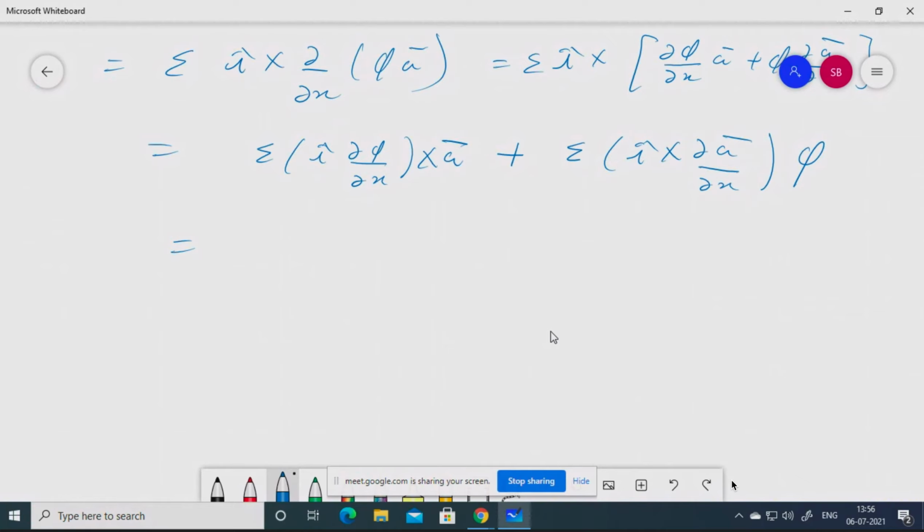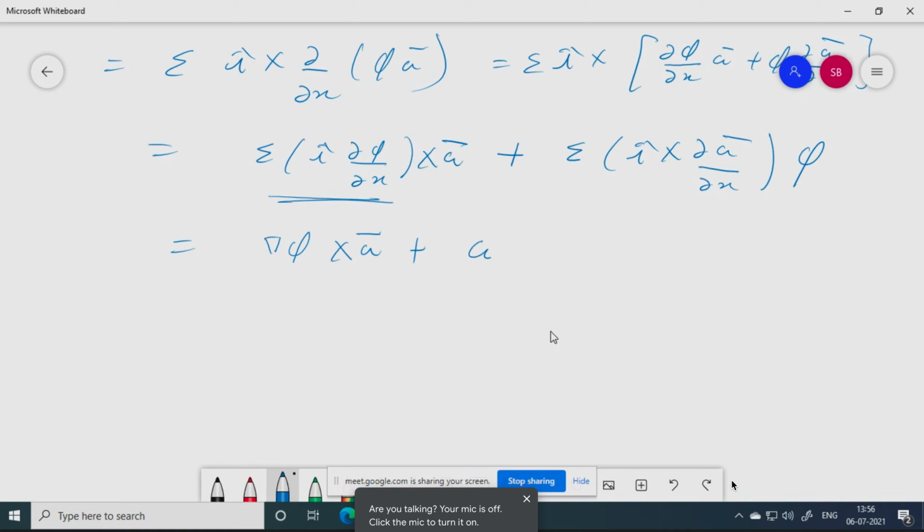Now observe this one. If you expand, this is nothing but what? You will get i ∂phi/∂x plus j ∂phi/∂y plus k ∂phi/∂z. So that is nothing but del phi cross A bar plus, now this is i cross ∂A bar/∂x plus j cross ∂A bar/∂y plus k cross ∂A bar/∂z. What is that thing? That is nothing but curl of A bar into phi.